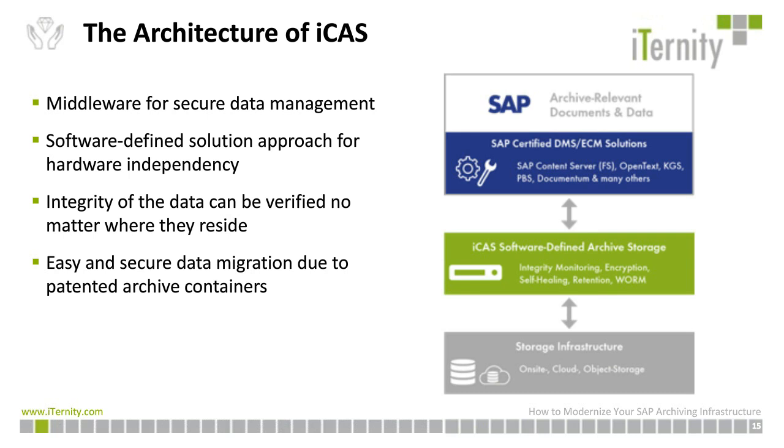So any of your typical ArchiveLink certified ECM or DMS solutions can write to the ICAS middleware, and then the ICAS services push the file out to the storage, but they don't push the actual file as is. It containerizes the file.